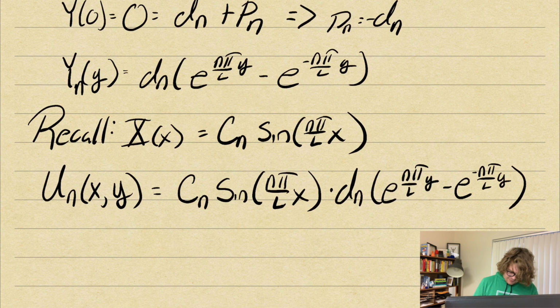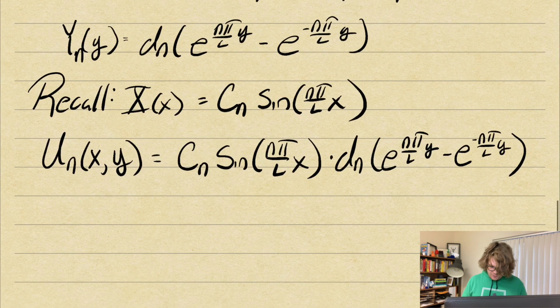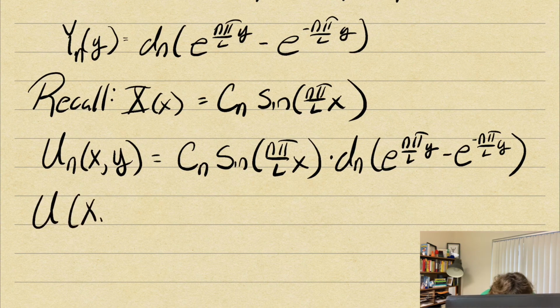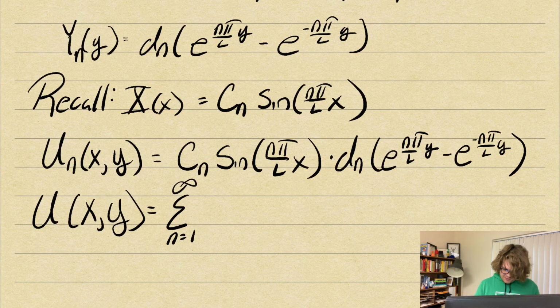And finally, we have the c sub n times this d sub n. We can combine those into just one coefficient. We could call that b sub n if we would like. And we can finally state what u of x, y is going to be equal to. So we're going to add up all of the solutions for every value of n. So n started at 1, it's going to increase to infinity.